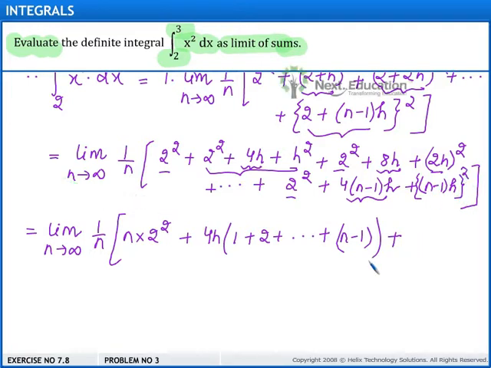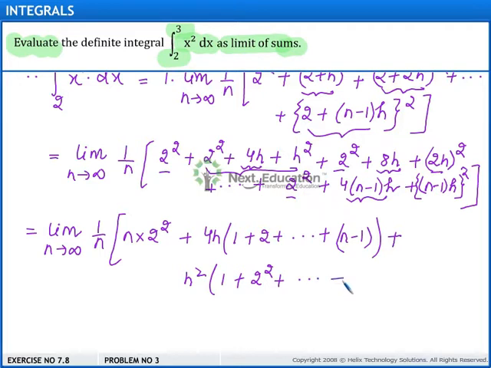So taking h square common, we have [1 plus 2 square plus so on up to, last will be (n minus 1) whole square].